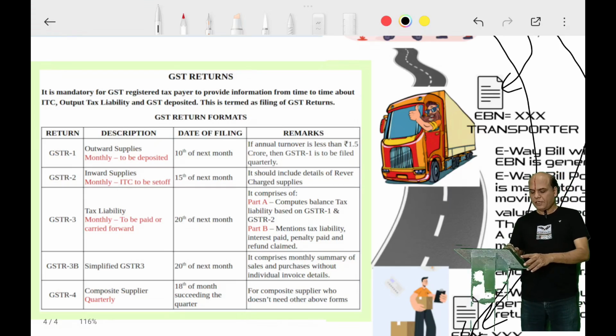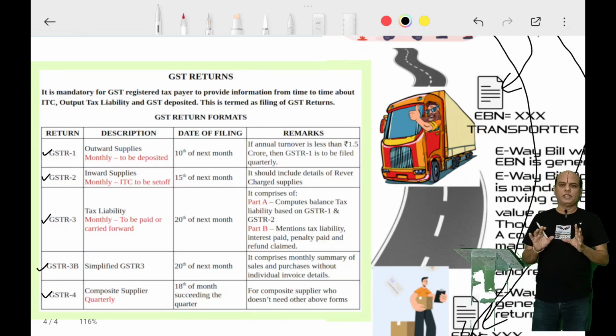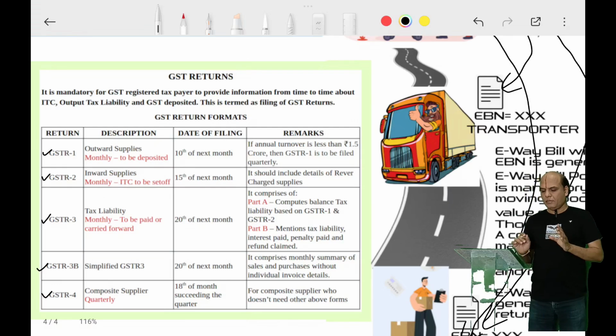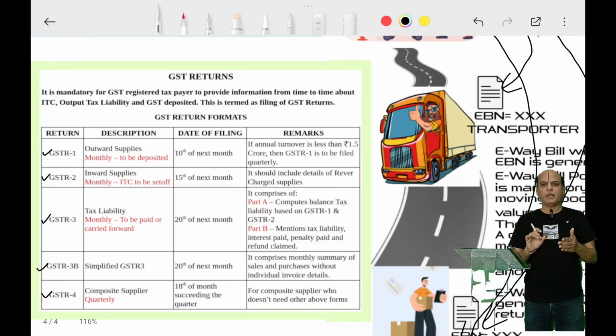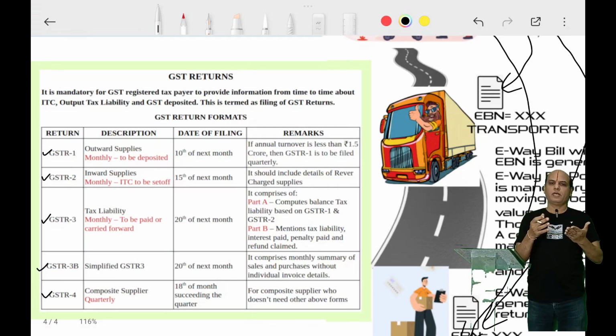On the left side, first column, you see GSTR 1, 2, 3, GSTR 3B and 4. These are the common GST return formats used by GST taxpayers. First, GSTR 1 includes details of the supplies or the products you sell. If I am a taxpayer selling certain products or offering certain services, all these details I have to mention in GSTR 1.